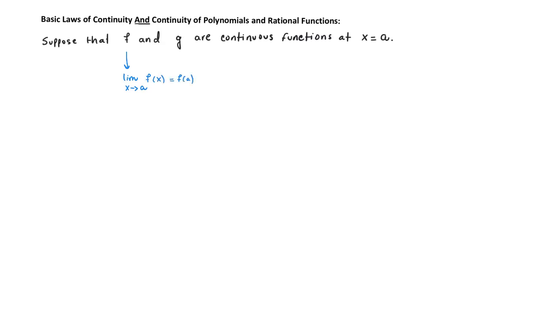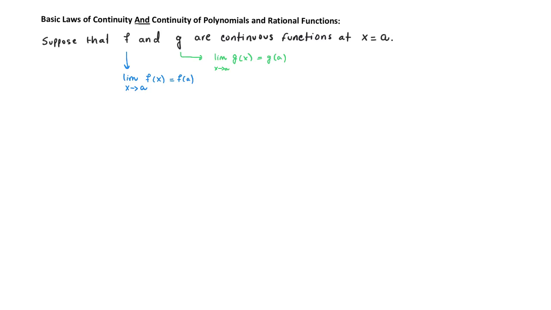So this is something that we know. We also know that g is continuous. So the limit as x approaches a of g of x is equal to g of a. So we are starting with two continuous functions at a point x equals a.